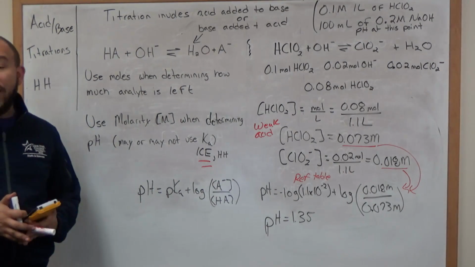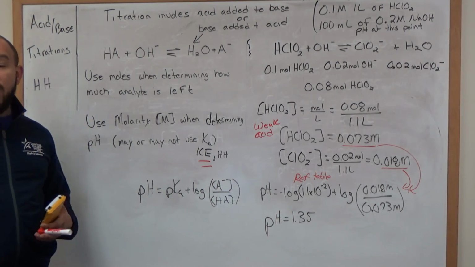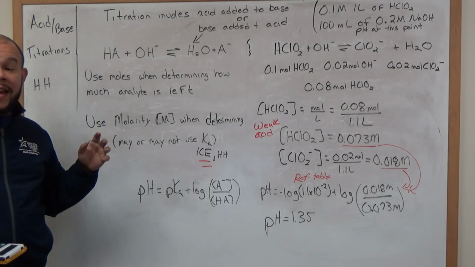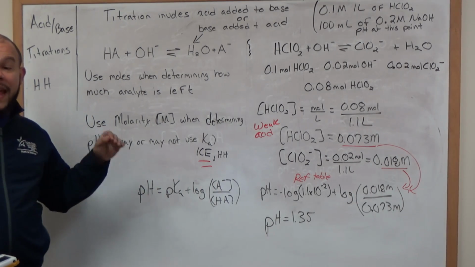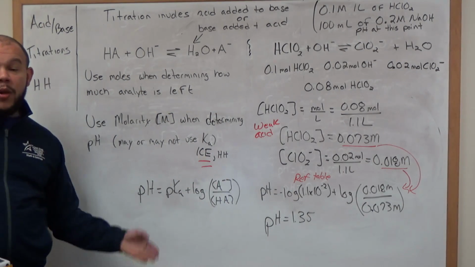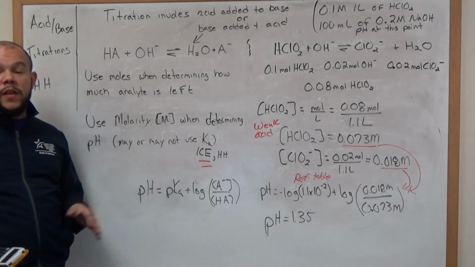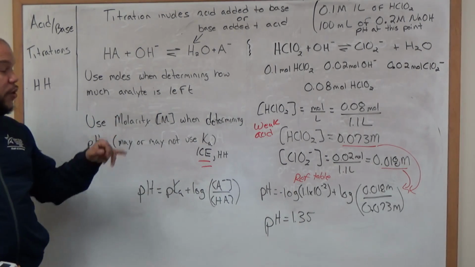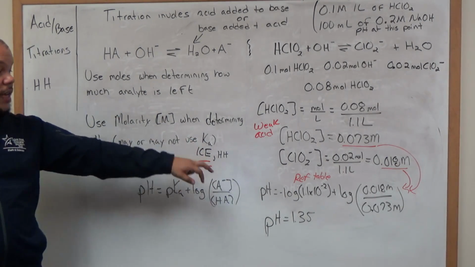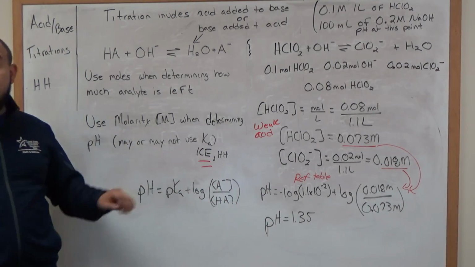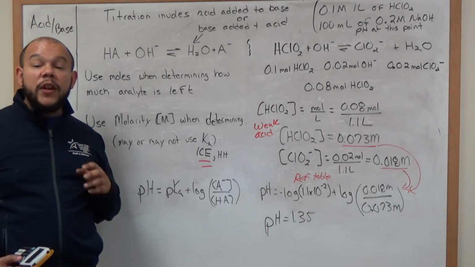So, titration theory, very straightforward how to solve for a titration that is before the endpoint. Both of these examples are before the endpoint, and we either use Ka in this case because it is a weak acid, or we go with the concentration if it is a strong acid.